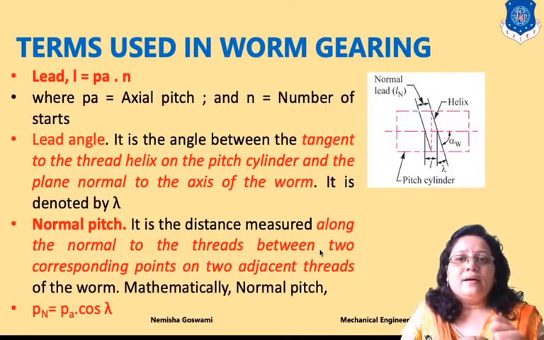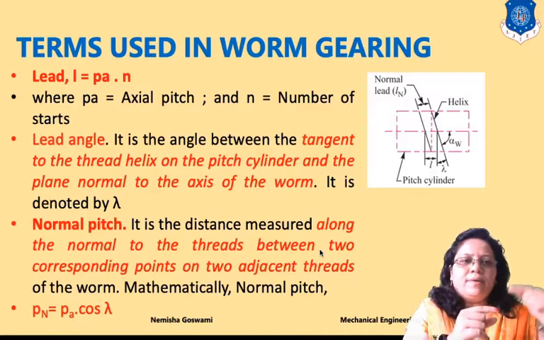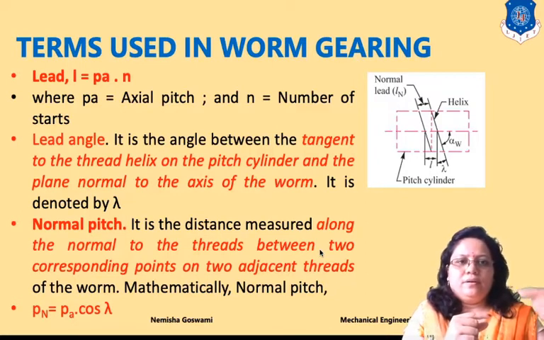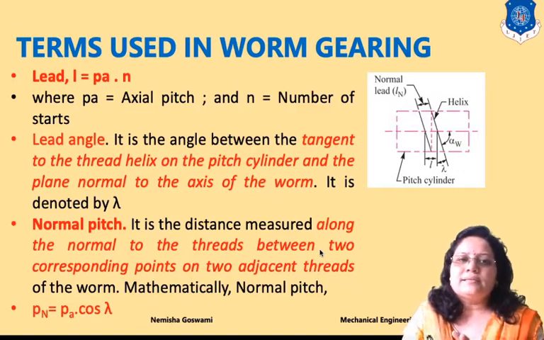Again, it will come to your mind, what is a start? Start is how many times the worm will revolve or take a revolution in one revolution. These are known as the number of starts. So here PA is the axial pitch and N is the number of starts. And what is the lead angle? You can see it here in the diagram.